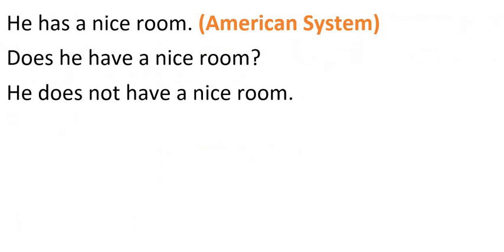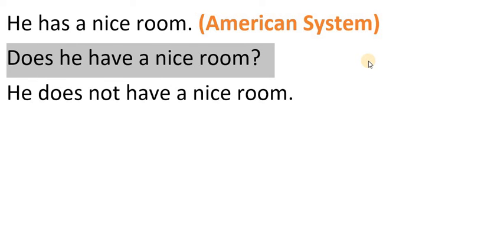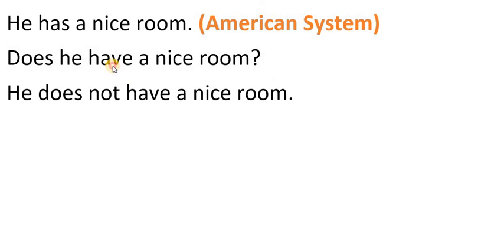For example, he has a nice room. He has a nice room, it means that he's the owner of the room. So if we want to make a question sentence, we should use another helping verb by the name of does. So we say, does he have a nice room? Does he have a nice room? There might be a question in your mind: we should use the verb has for the singular subject, which is he, so then why is it have?